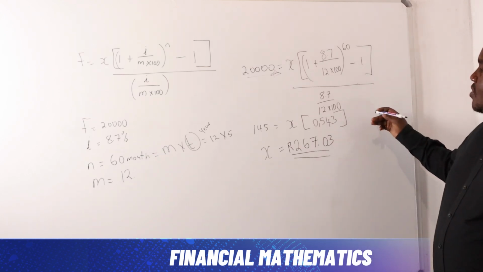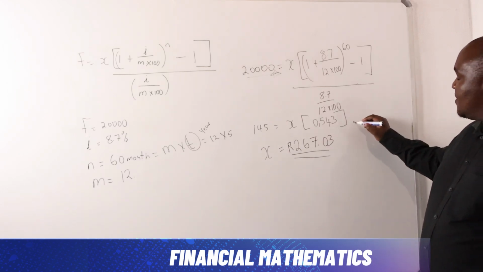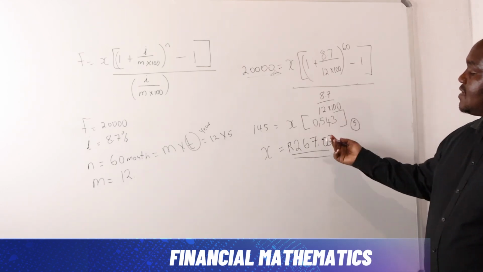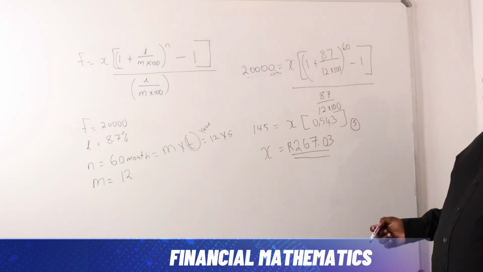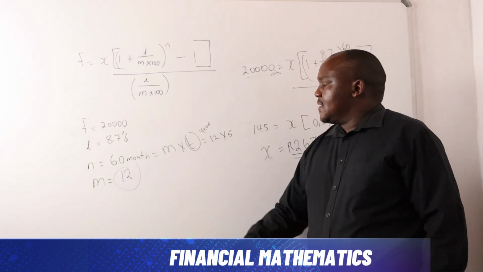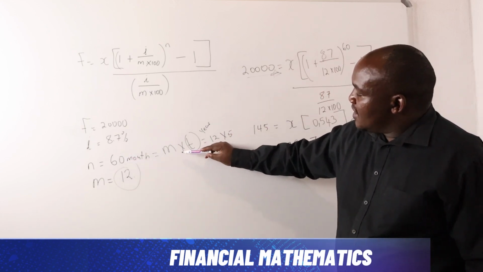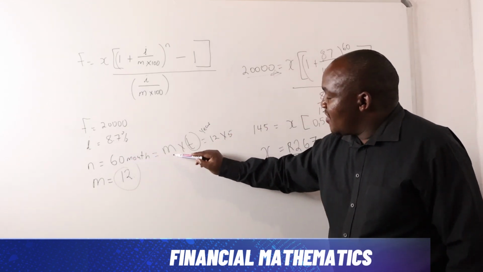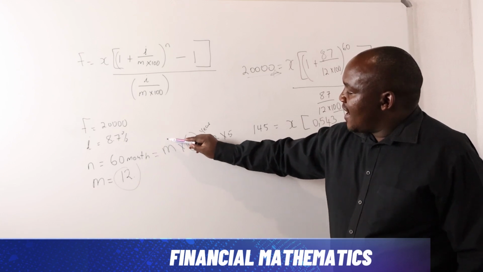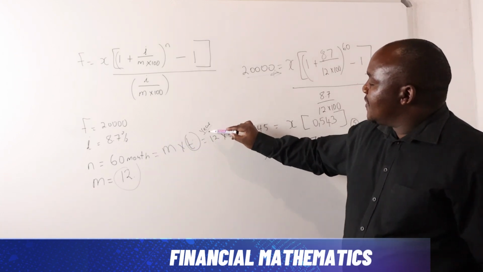I hope you can use this as an example in your exam and get full 5 marks for this. This looks very easy. The only trick is knowing how to use this, and the most important thing is that the value of n is equal to m multiplied by t, but the t must be in years.